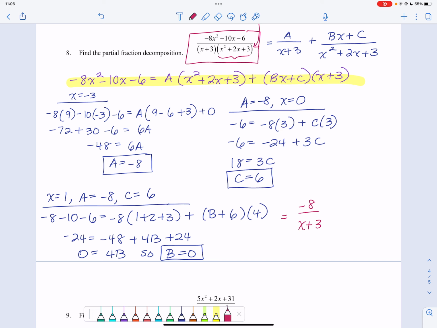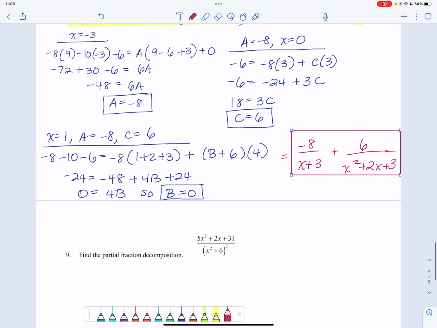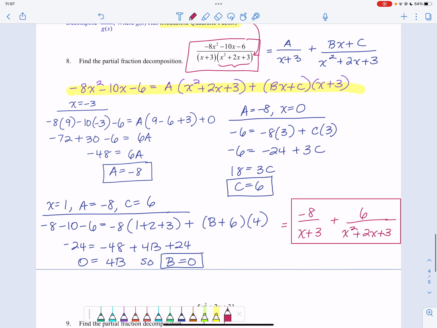And then if B is 0, it's just equal to 6 over x squared plus 2x plus 3. And that is what this rational expression is equal to.